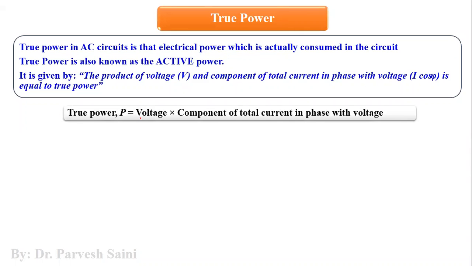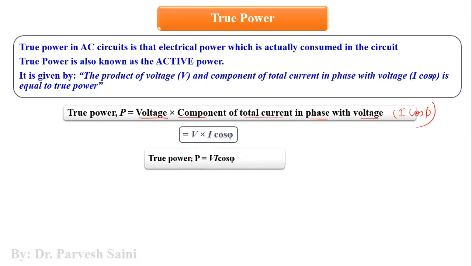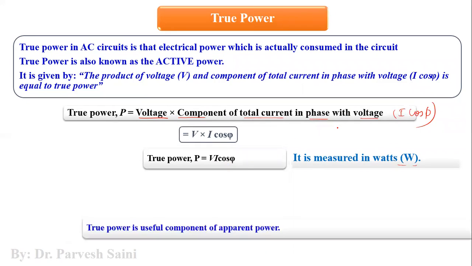True power is basically the RMS value of voltage, the supply voltage, and the component of the total current which is in phase with the voltage, and this component is I cos phi. So it is given by V into I cos phi, and it is always measured in watts because this power is dissipated, used, utilized.